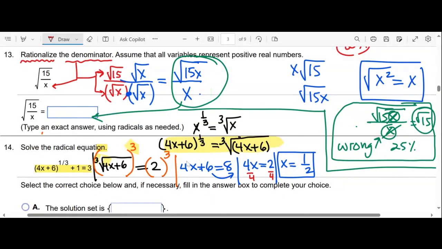Is this clear? Yes. So the solution set for number 14 is 1 over 2. Clear? Yes.